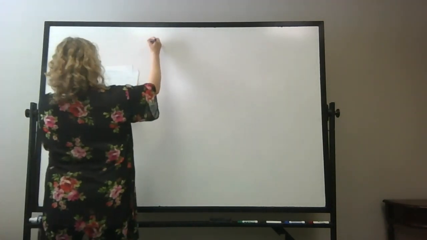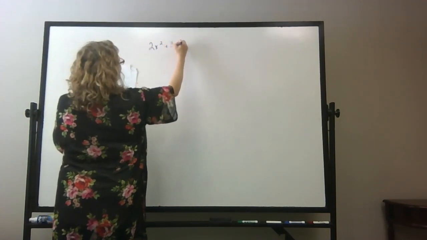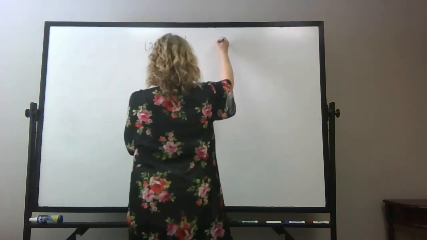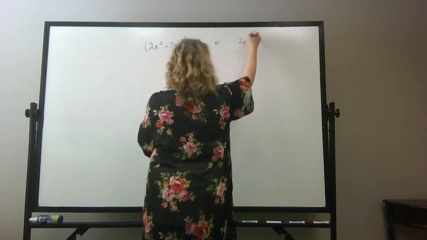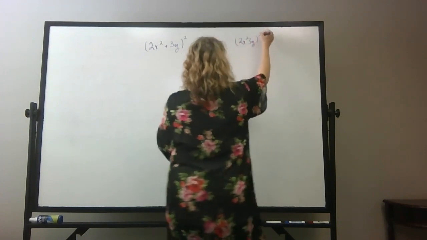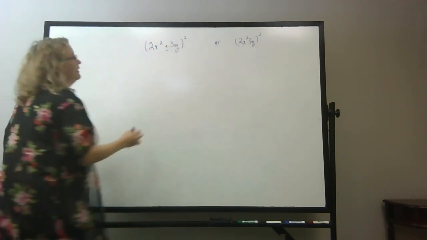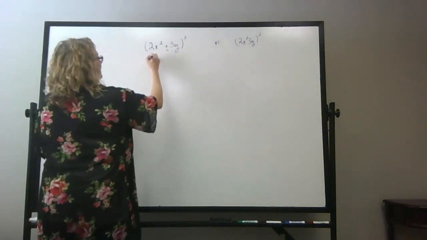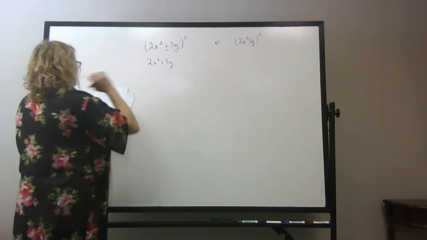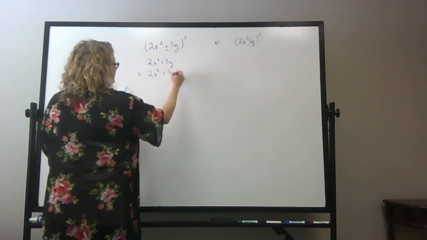Let's look at these two different things. If I've got 2x squared plus 3y, squaring the whole thing, versus 2x squared times 3y, squared. Let's see how those two things come out. Okay, notice this is a sum. So here I'm taking 2x squared plus 3y and multiplying it by 2x squared plus 3y.